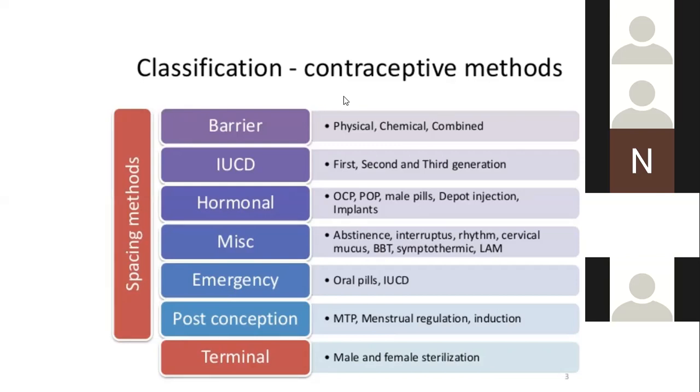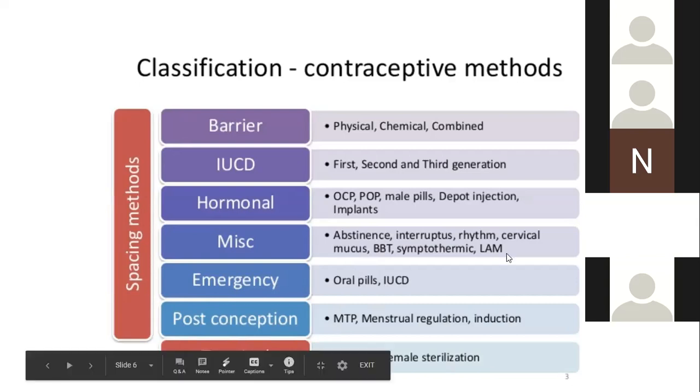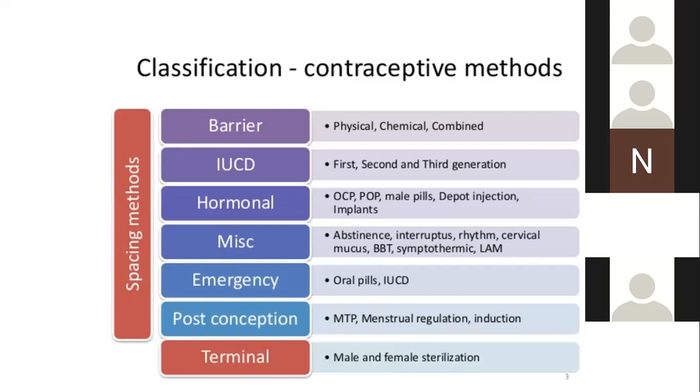And then post-conception, as in if a woman comes to you and they have actually missed a period, and they did not want to have pregnancy and were using contraception, and for some reason it failed, then you consider medical termination of pregnancy. Then there is male and female sterilization.